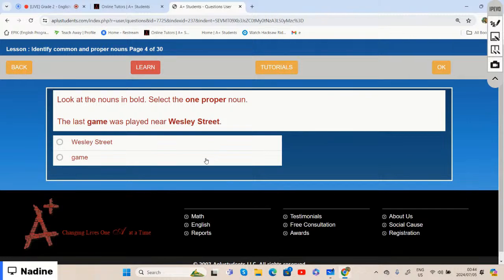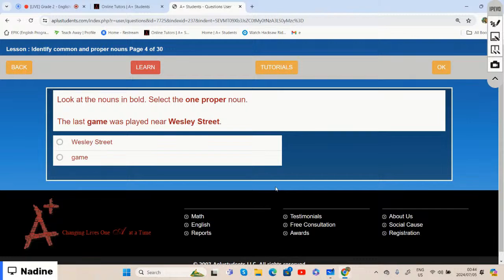The next one says we need to select the proper noun. The last game was played near Wesley Street. We need to select a proper noun.